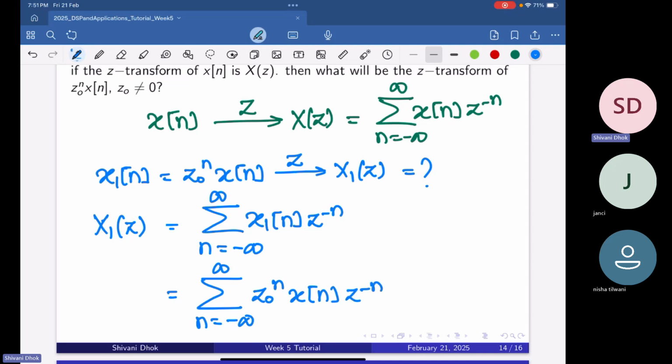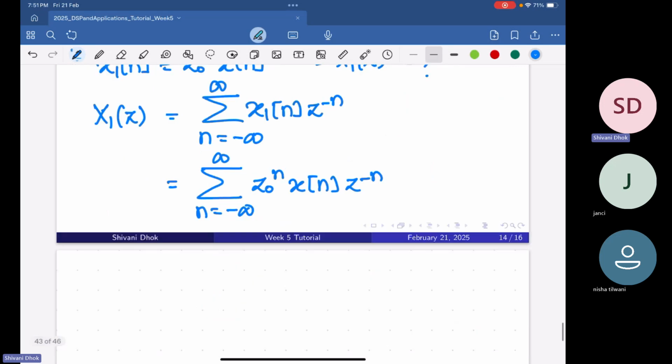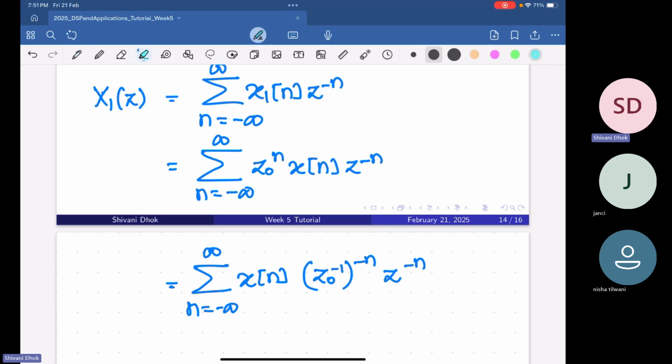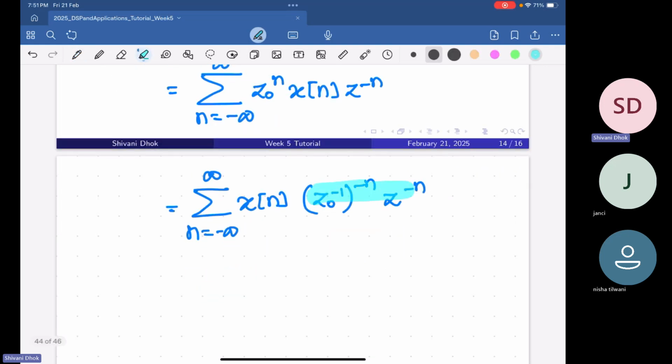Okay, let me add a page. So this we can write as summation n running from minus infinity to infinity. First I'll write x of n, and then the z naught to the power n I'll write as z naught to the power minus 1 to the power minus n, times z to the power minus n. By doing so, I can combine these two things, right?